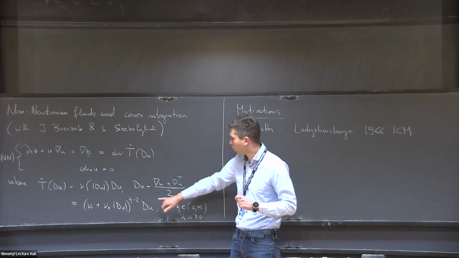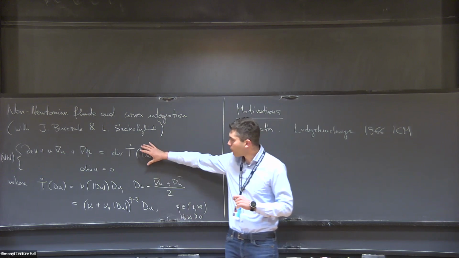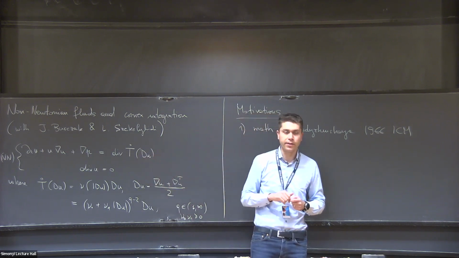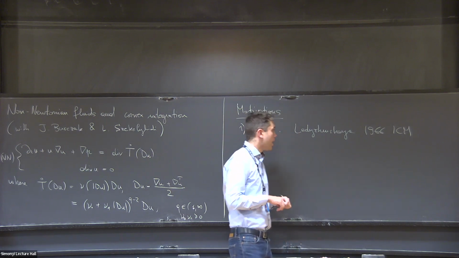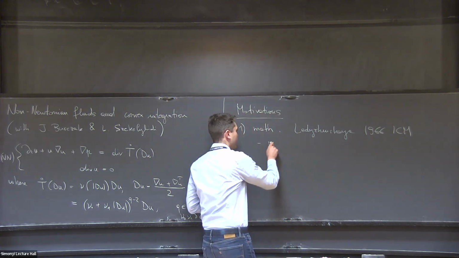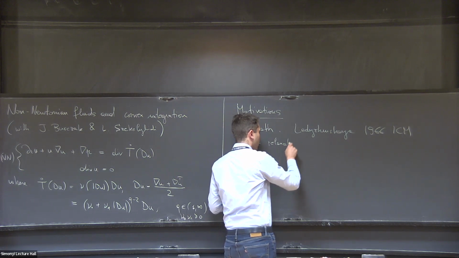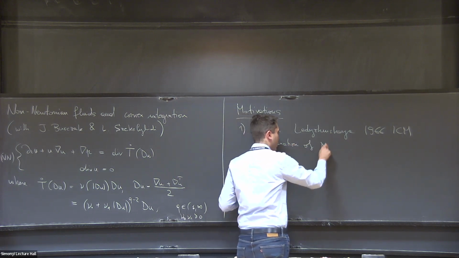And at least for q bigger than 2, this kind of model can be seen, as we shall see later, as a sort of relaxation of the Navier-Stokes equations.